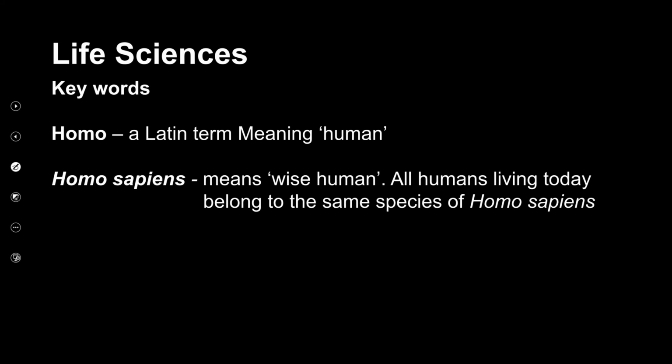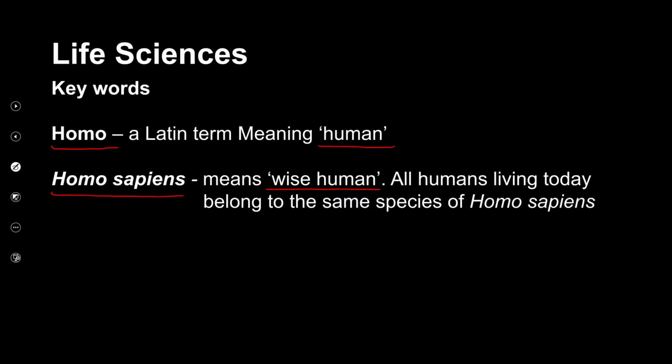Homo is the genus that humans belong to, and that is a Latin term that means human. The genus and species of humans is Homo sapiens, which means wise human.